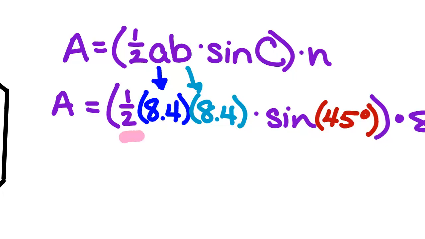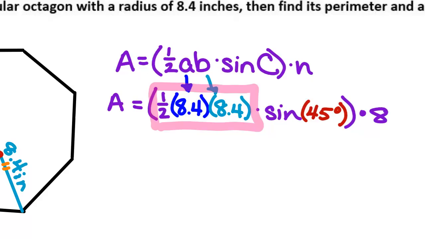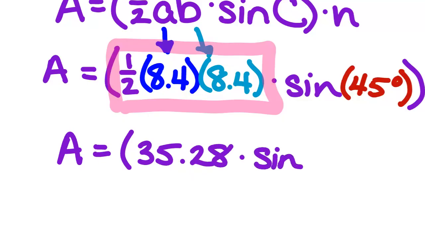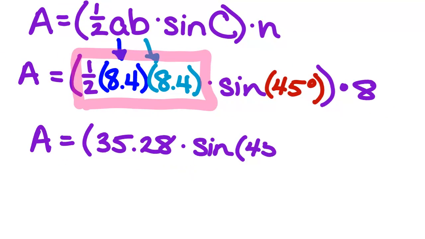I would like for you guys to put just this much right here into your calculators first. What is 1/2 times 8.4 times 8.4? You said 35.28? 35.28 times the sine of 45 degrees times 8.